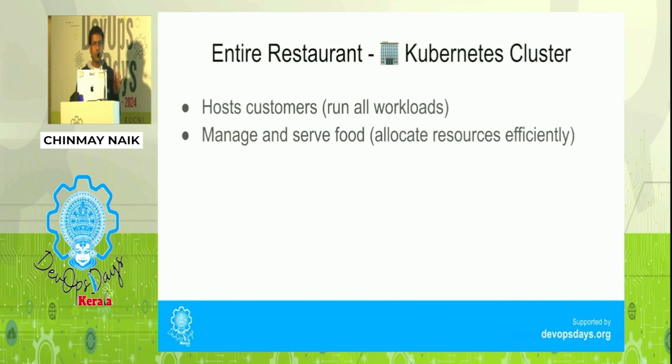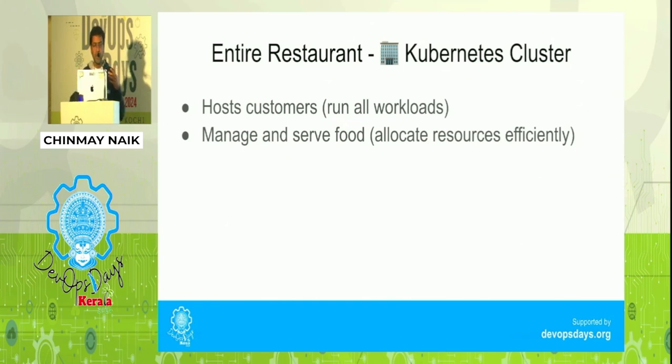Then what does a restaurant do otherwise? It manages and serves food. Fundamentally, that's the part of being a restaurant, right? So you kind of allocate, and from a Kubernetes perspective, the scheduler and the orchestrator is going to allow appropriate usage of resources, right?